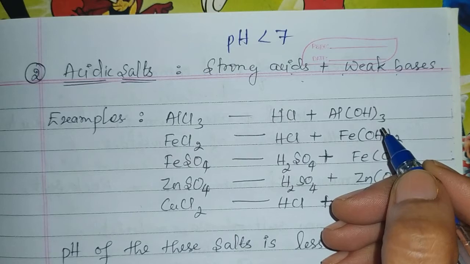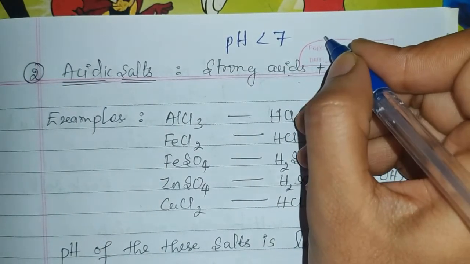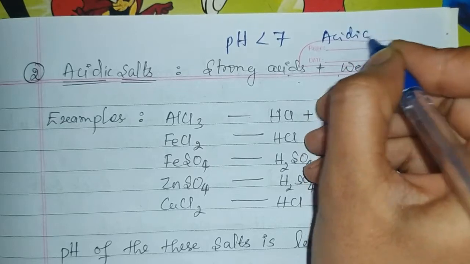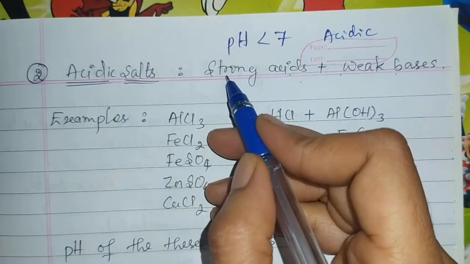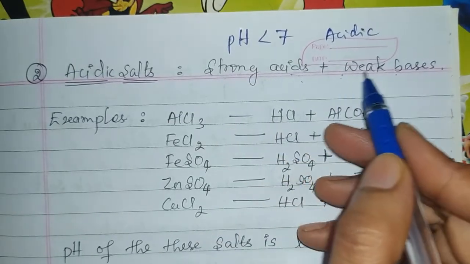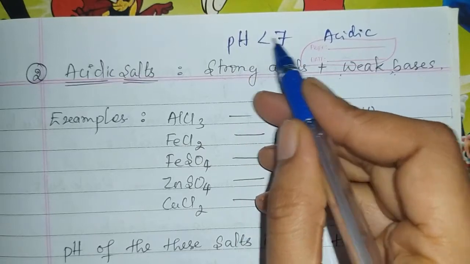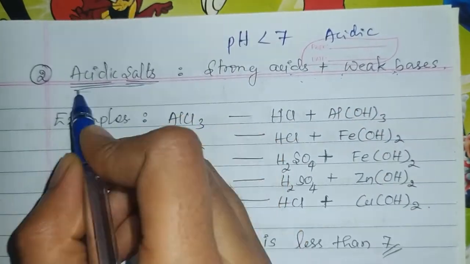If the pH value is less than 7, then the nature of that substance will be acidic. Therefore, they are said to be acidic salts.